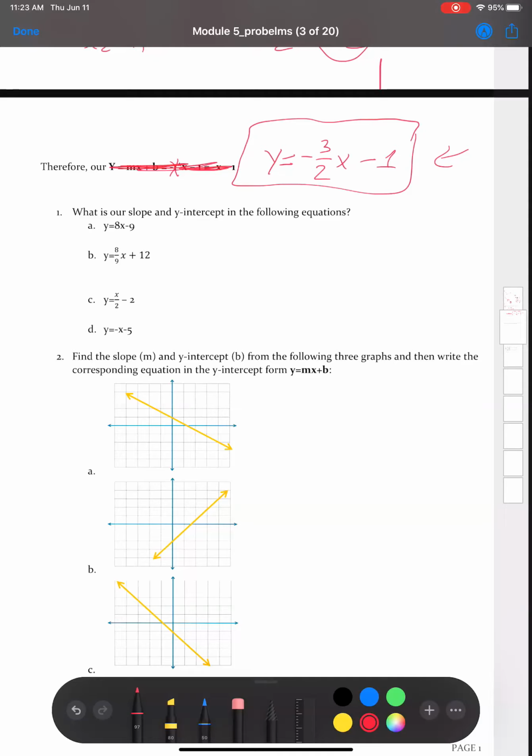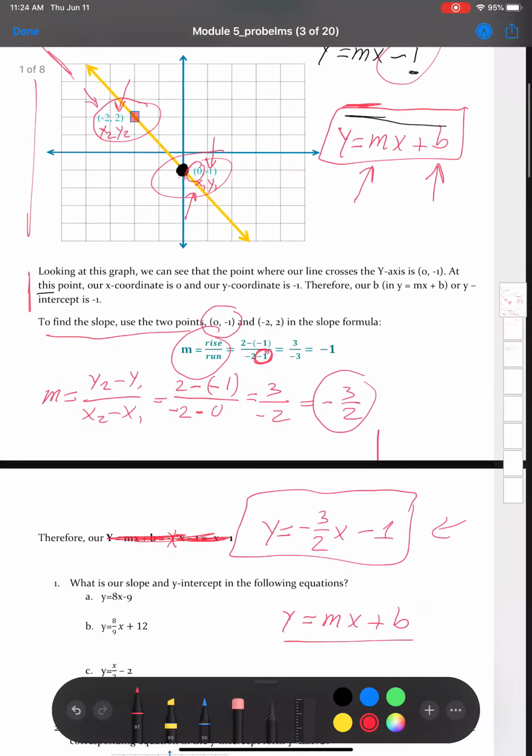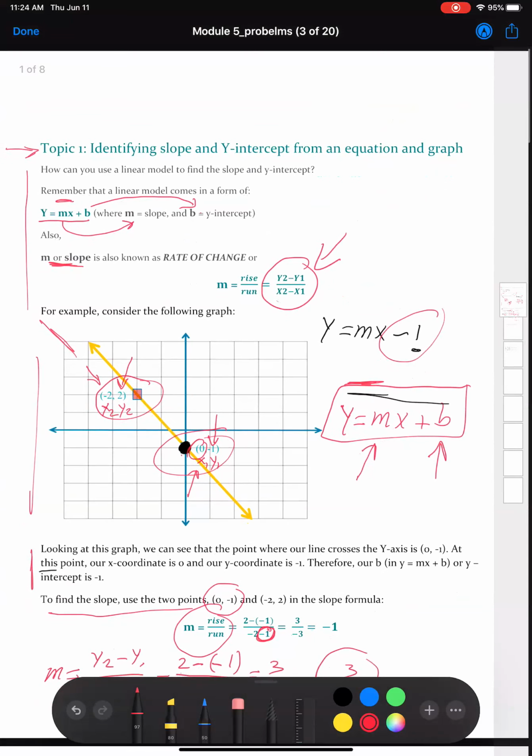So number 1 says, what is our slope and y-intercept in the following equations? So you're being asked, this is the format of the equation, y equals mx plus b. If you go back up here, the m stands for slope and b stands for the y-intercept.